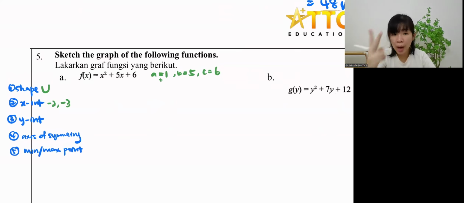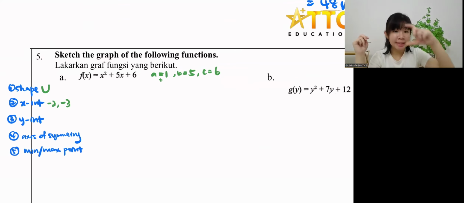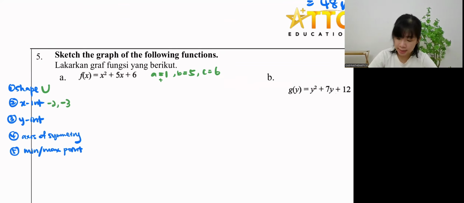So you have 2 x-intercepts. Third one, y-intercept. Guys, can you tell what the y-intercept is? The y-intercept is always the C. In the question, C is 6. So the y-intercept is 6.